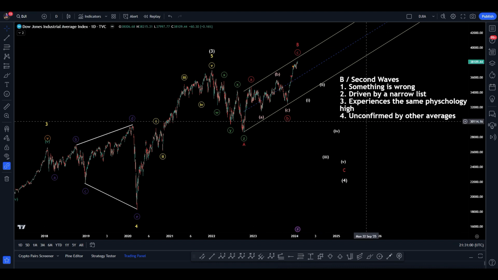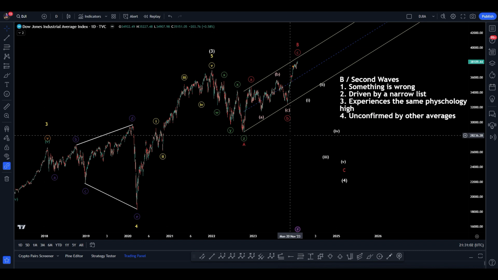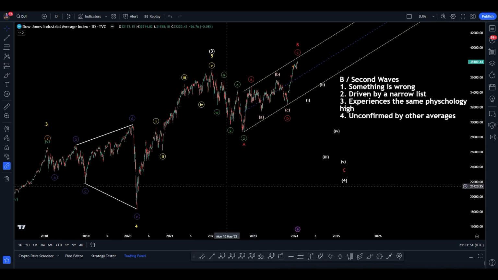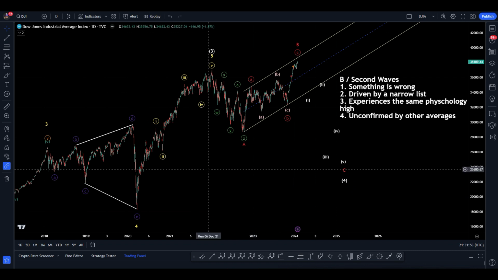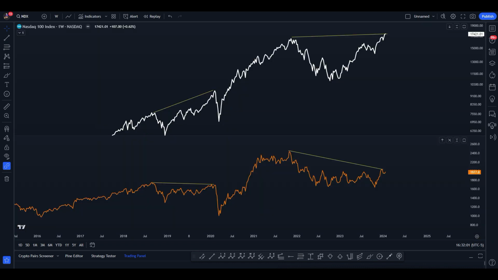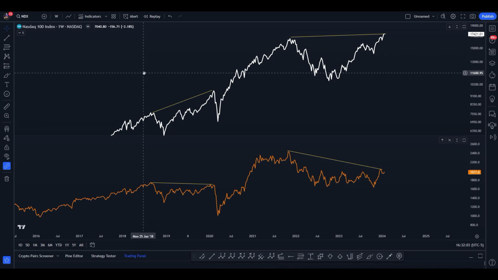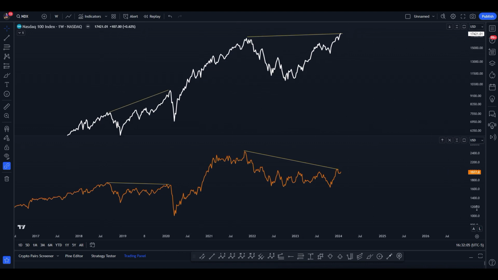Unconfirmed by other averages. A little thought experiment here. I have another chart to show. I made this one up, but I did a little thought experiment and I went back in history.